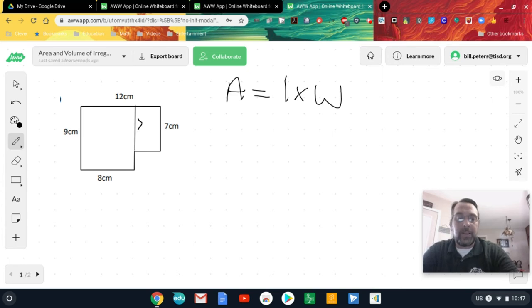Now I need to get the measurement of these 2 sides. I already see from this line right here that this space right here is 8 centimeters. So 12 minus 8 is 4.